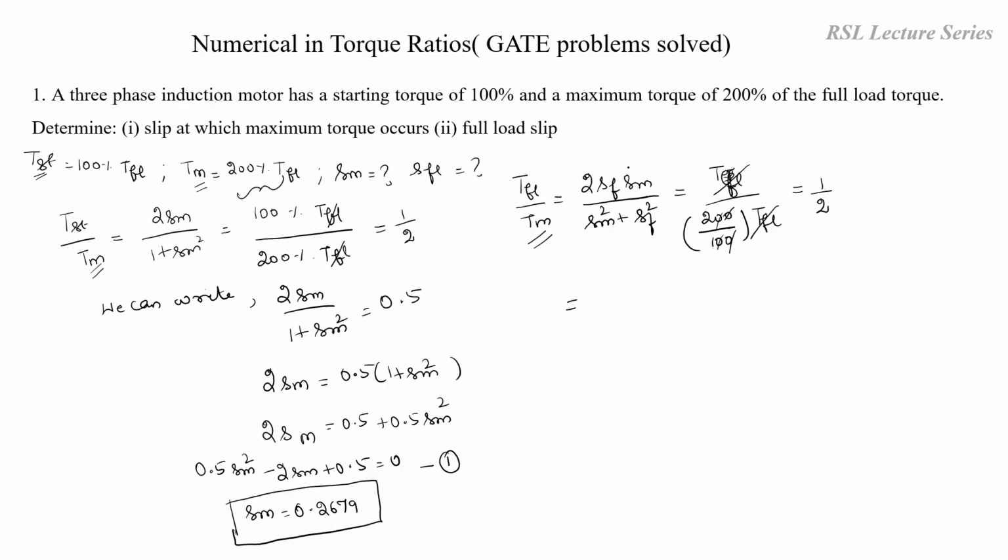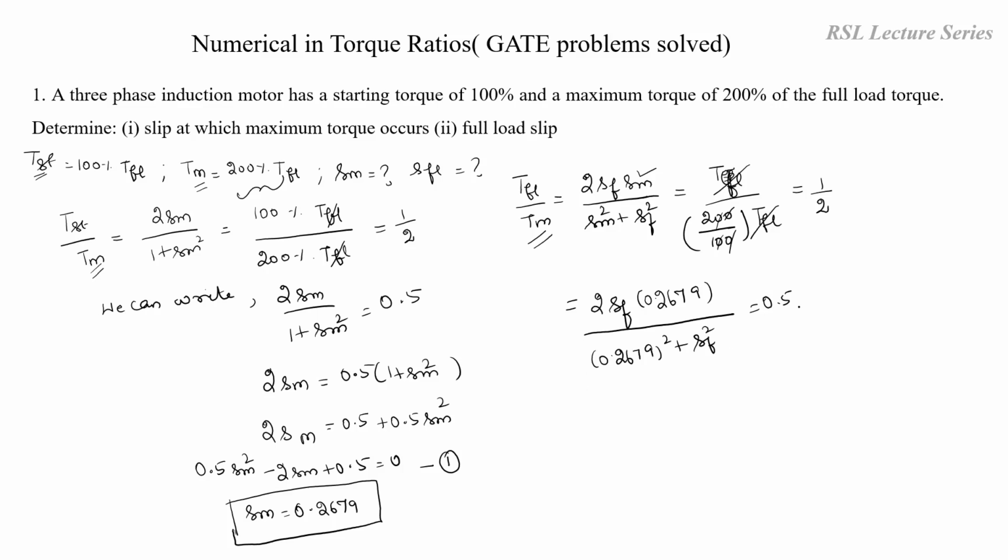So now we can substitute the value for Sm, which we have already found as 0.2679. So 2 into Sf, we have to find out. Sm value is 0.2679, divided by 0.2679 whole square plus Sf square, is equal to 1 by 2, which is 0.5.